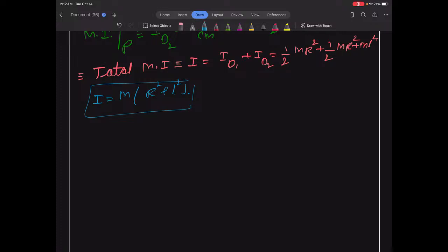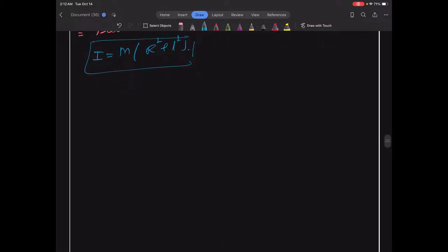Now we can easily use the formula which we just wrote. That is our time period T will be equal to 2 pi square root of I upon mgd. And we just found out everything, so we substitute it. I was our m r square plus L square, and this is mg, and d is our L by 2.